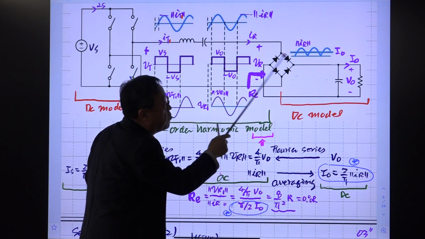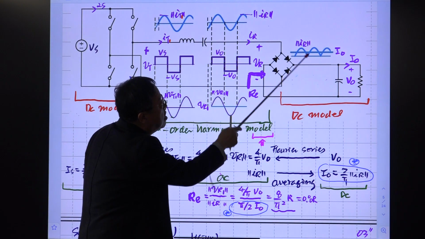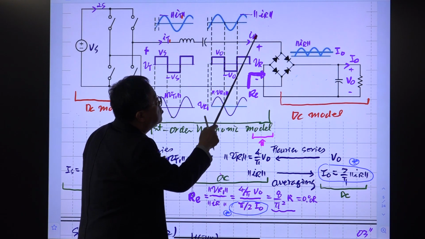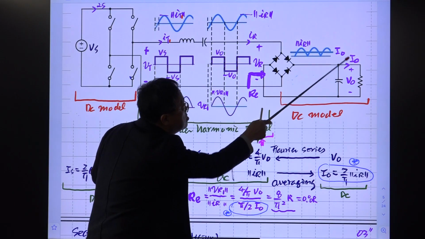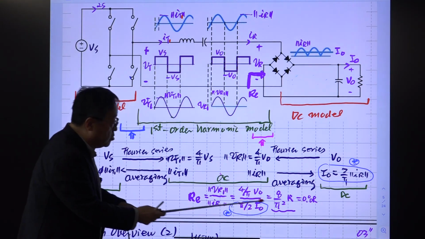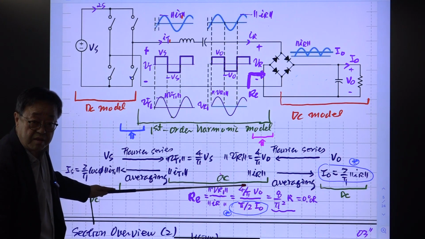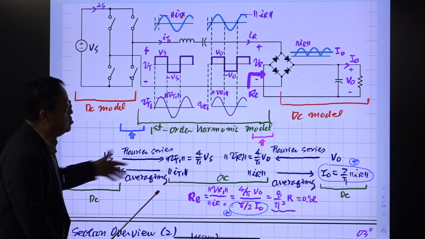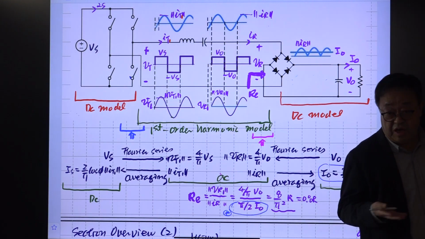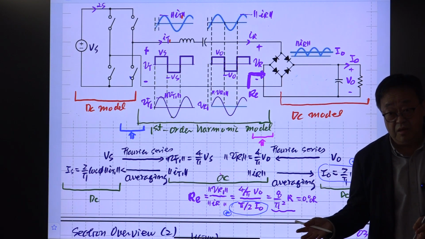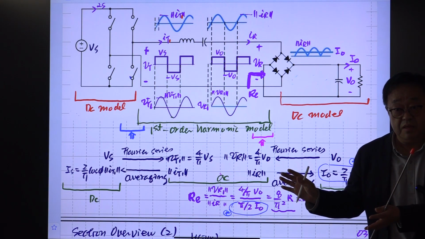Because this is the current rectifier, this is the waveform, and IR is the rectified version of this. The average value of this becomes the load current. So there is a relationship between IO and IR. They are exactly the same, only the direction has been changed. First, understand this, right? It is obvious to understand.